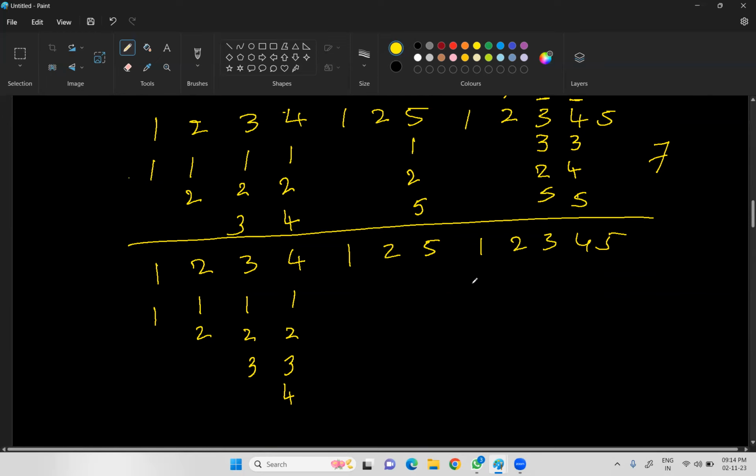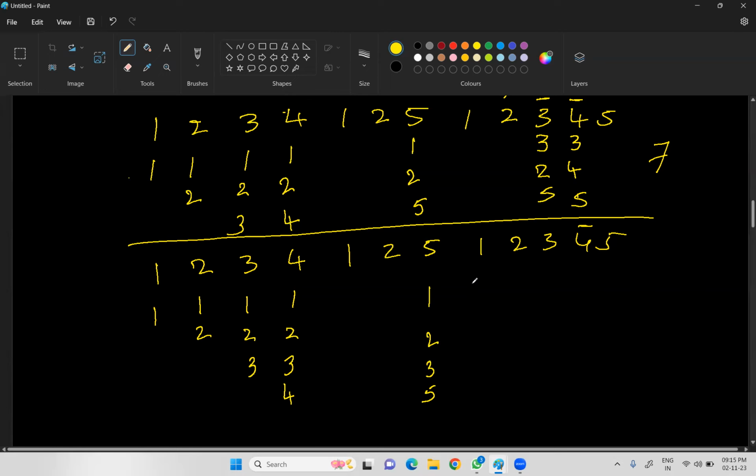If you take 5, which frame is it going to replace? 4, sir. 4, because 4 is used furthest in the future. So therefore 1, 2, 3, and 5. 1, 2, 4, 3 are available.